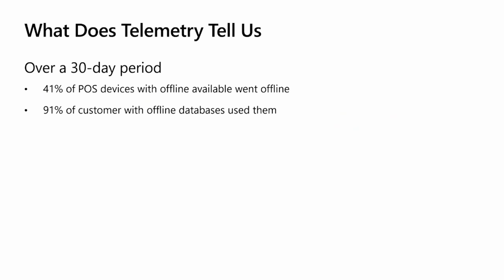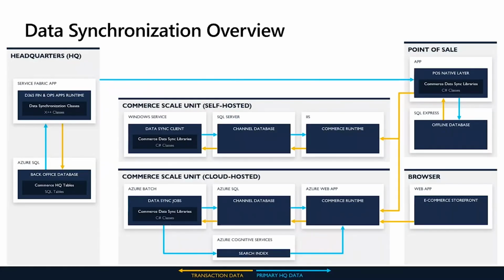That means that almost half of all point of sales at least have a moment of switching offline. So you've got to validate the reliability of the network before truly making this determination, of course. But the point is, if you deploy it, it will be used. And that's what's critical. So we'll go from here just to have that kind of overarching review of data synchronization.